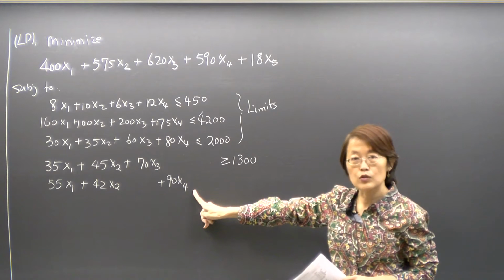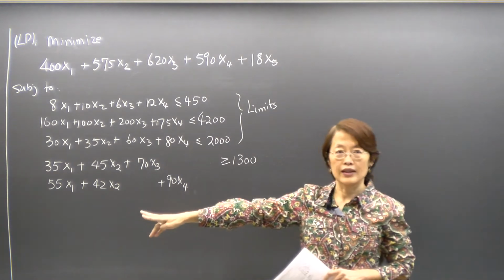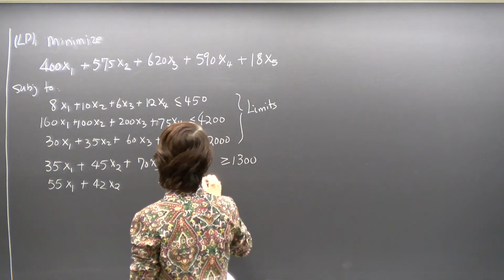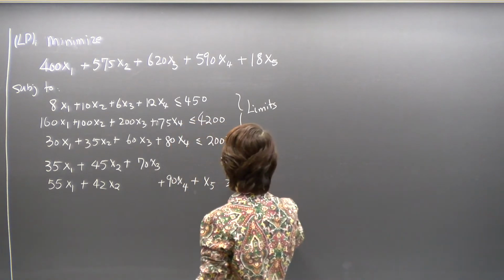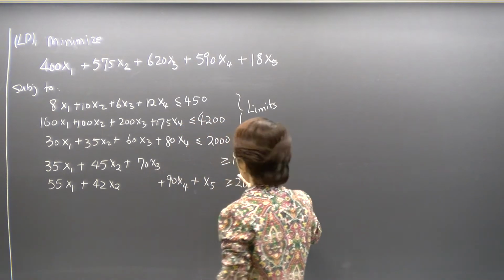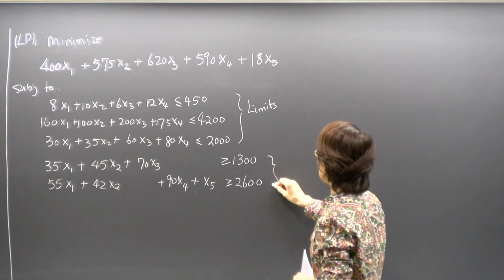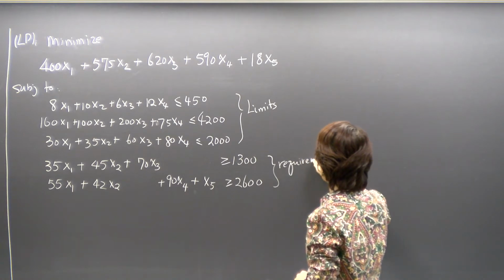But then actually I also buy some, don't I? X5 is the number that I buy from some vendor that's already there. So I will add that on top. That shall meet my requirement, 2600. Is that okay? So these will be the requirements. All right?